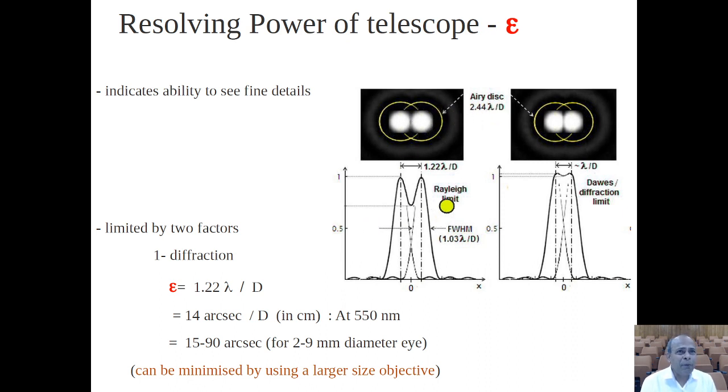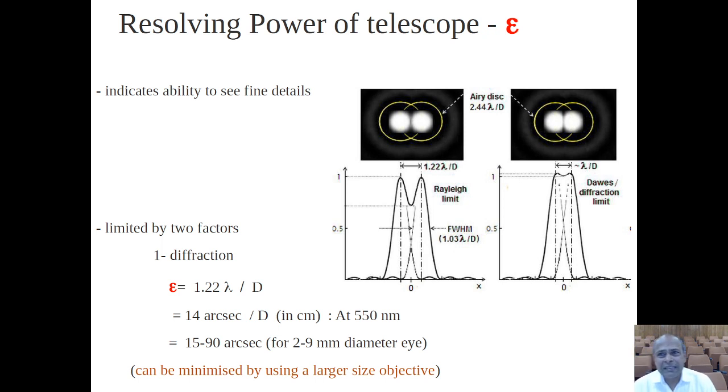Typically the FWHM of a single PSF is 1.03 lambda by d. Here on the right-hand side, these two sources are not resolved because they are separated by less than lambda by d, within the diffraction limit. But if they are separated by 1.22 lambda by d, we say that they are resolved.